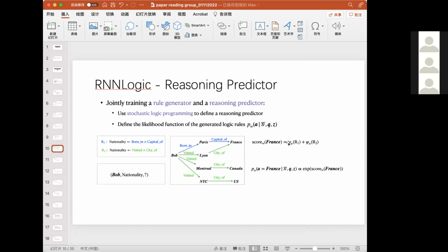In this case, let's say you have another rule like lived in. The visited rule may not be that strong, so lived in is another strong indicator, and maybe Bob lives in the US.